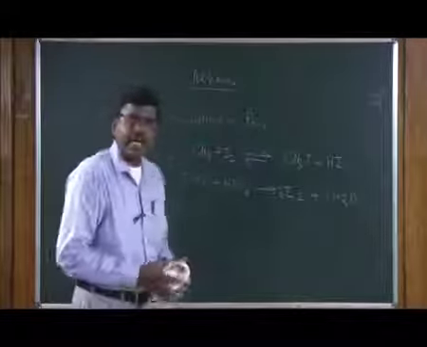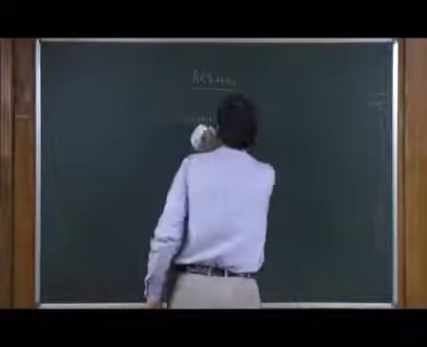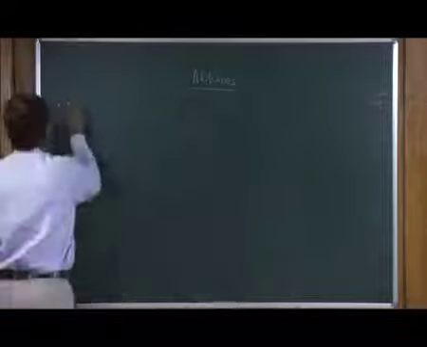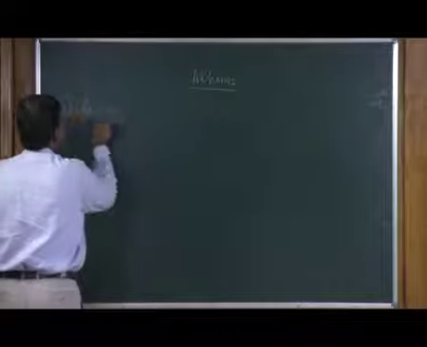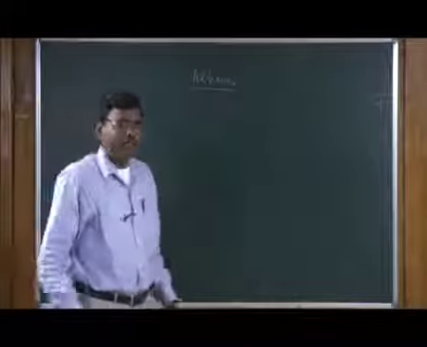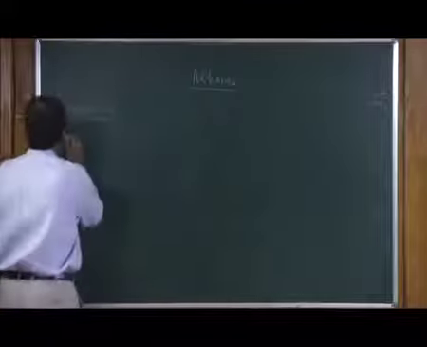So far, we have seen the halogenation of alkanes. Now, let us go for the next reaction, oxidation. They can be broadly divided into two groups: combustion.